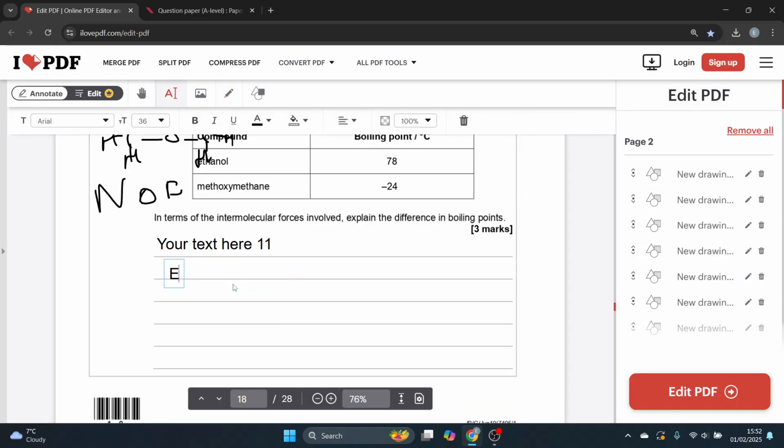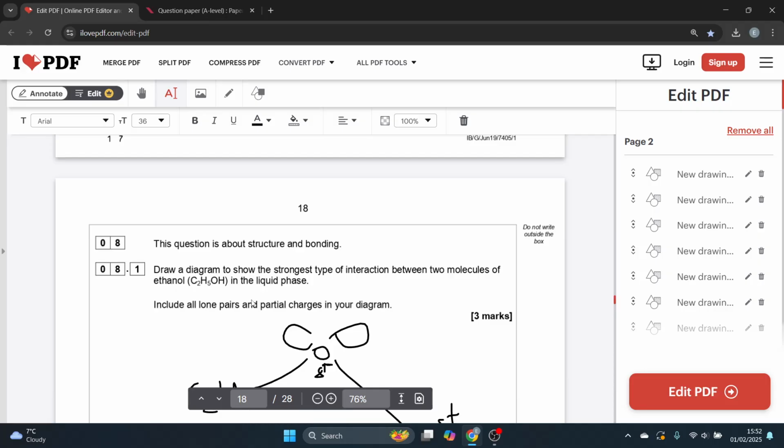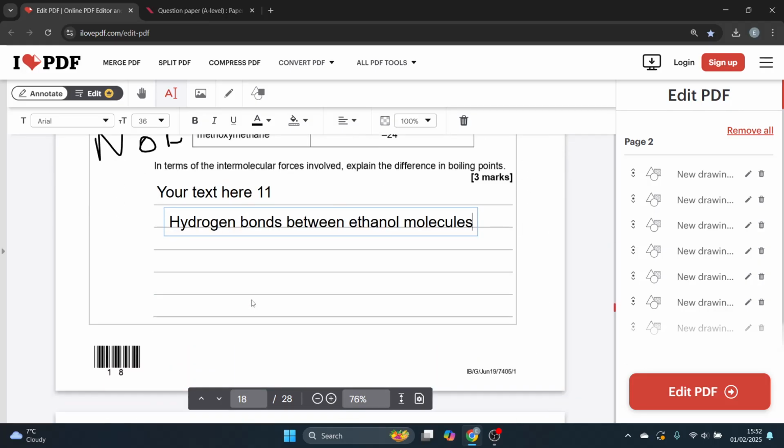So I'd say, well, actually, start off with hydrogen bonds between ethanol molecules, and van der Waals forces between methoxymethane molecules.